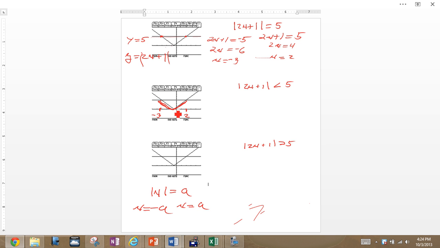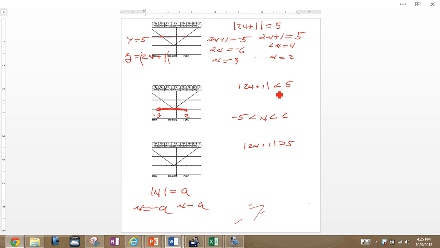So the values of x for which that absolute value graph is underneath is obviously all these values of x right here. Okay, running from, not including, open circle. So we know that those values of x are all the x values that are in between 2 and negative 3.